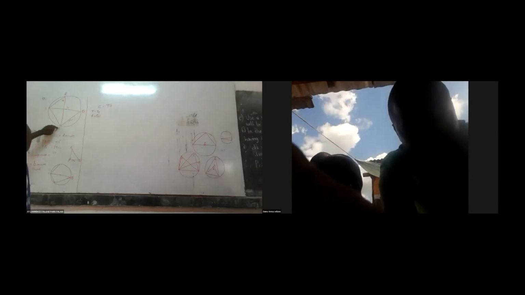So now, if I go back to the chord, if I'm to use chord SP, remember this chord is subtending two angles at different points at the circumference. That means if this angle is 42 degrees, this angle is also 42 degrees. This angle here is also 42 degrees.